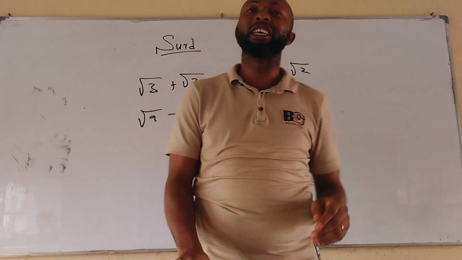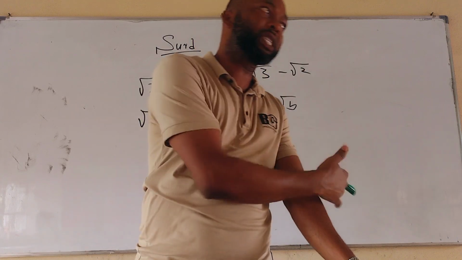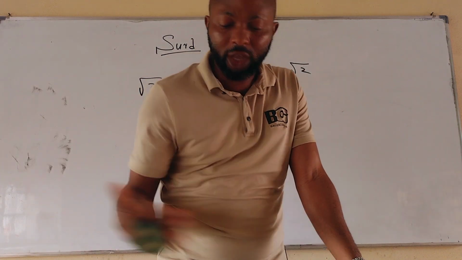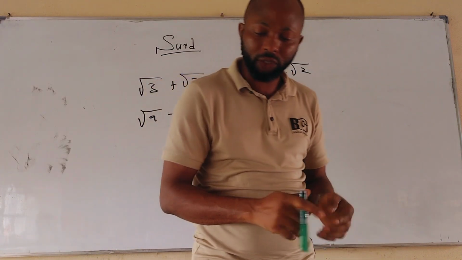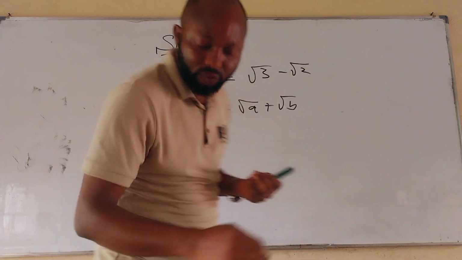So let's just simplify surds and see how far we can go with the understanding we have so far. So we'll look at simplification of surds. Let's simplify the first one, being root 45.